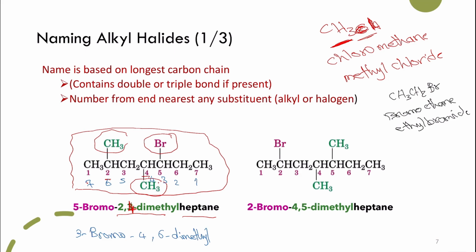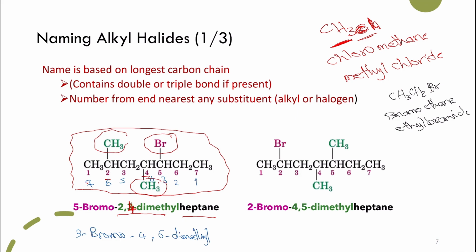If you notice, 2, 4, and 5 is better than 3, 4, and 6. So this is why we are numbering it from the left, not from the right. So always remember to start numbering from the position that will give your substituents the lowest possible numbers.